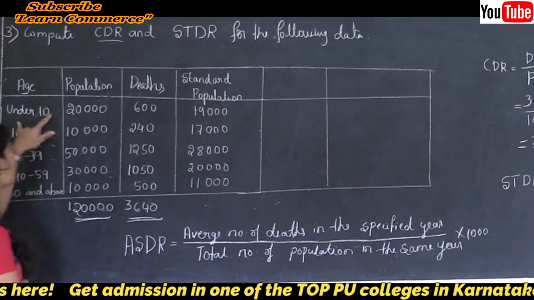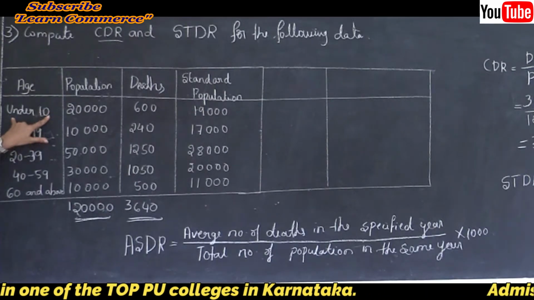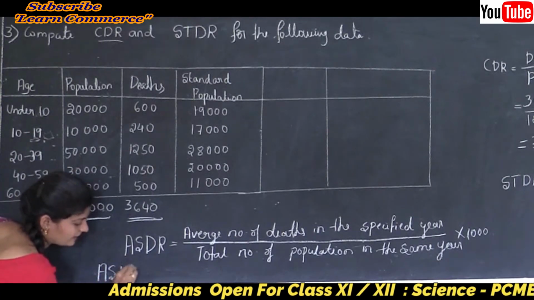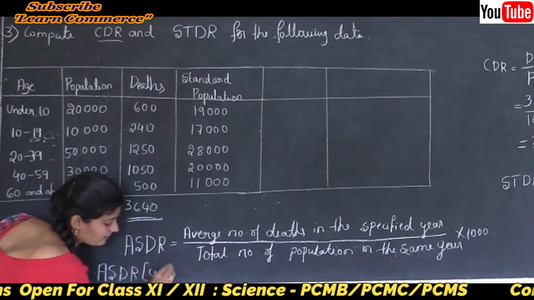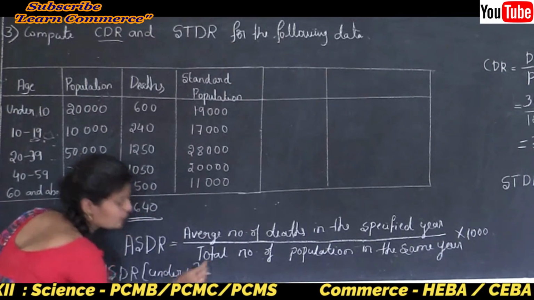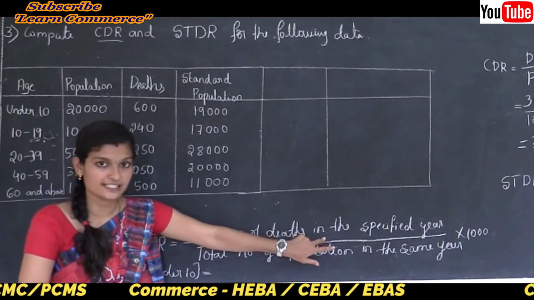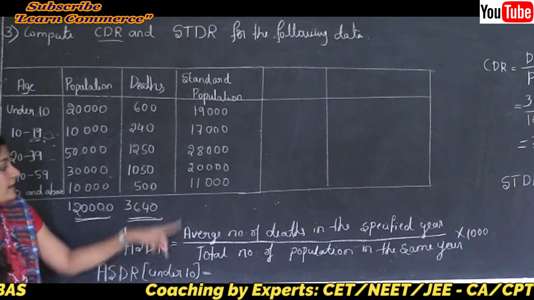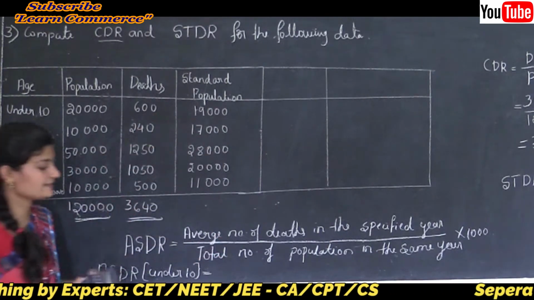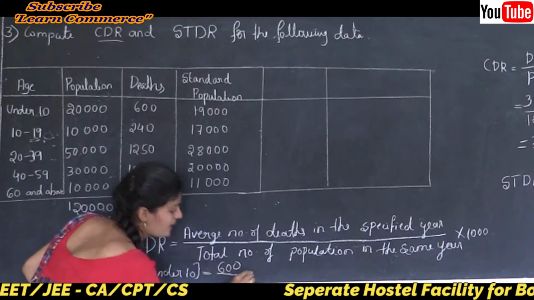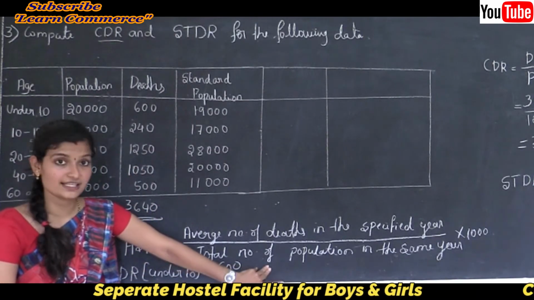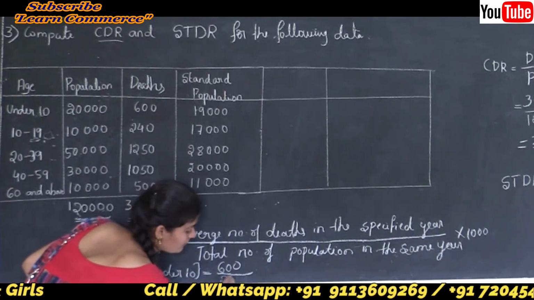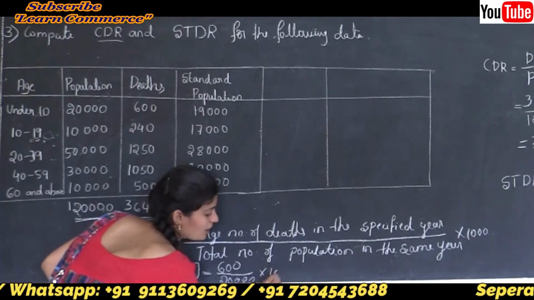See the first given age group, here the first specified year is under 10. So I will write here the age specific death rate under 10. This is equal to the average number of deaths in the specified year, 600, divided by the total number of population in the same year, 20,000, into 1000.